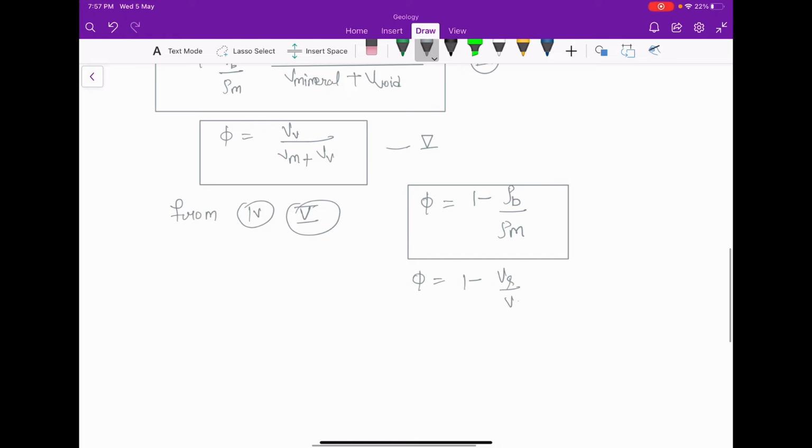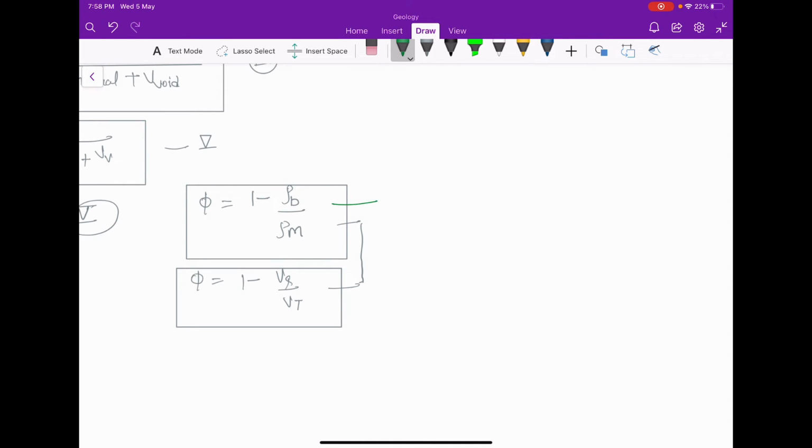So these are the two formulas which I will use in solving the problem. So this is the relation between density and porosity, and this is the relation between density and volume.